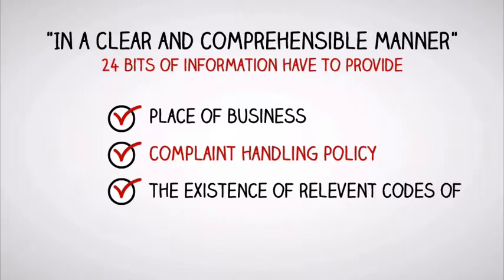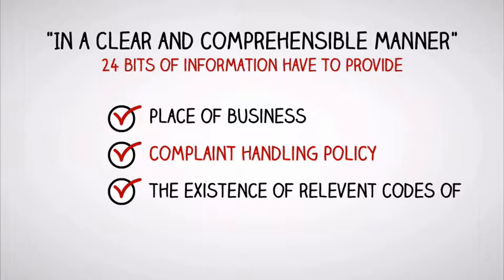And previously you could have just put in your geographical address, which could have been your registered office. But now you have to put in your place of business, and the guidance that we've just received from the European Commission says that place of business is the place where the essential decisions concerning the trader's general management are taken and where the functions of its central administration are carried out.